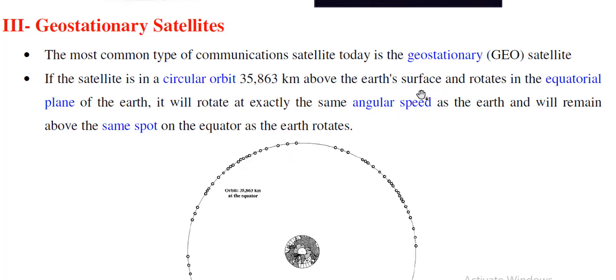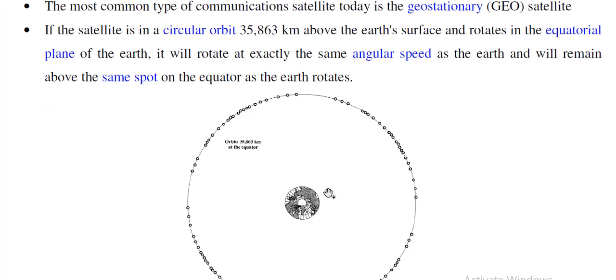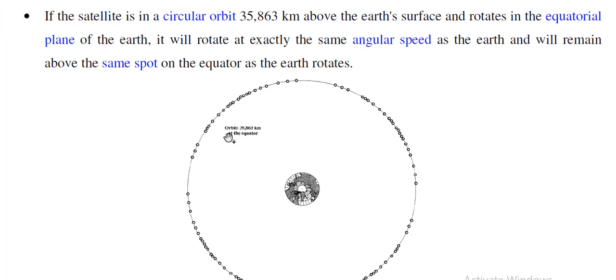So the property of these satellites is that they have the same angular speed as Earth. So if we have Earth and they are about 35,000 or 36,000 kilometers away from it, their speed will be the same as the Earth's, the same angular speed, which means that they turn at the same speed as the Earth.